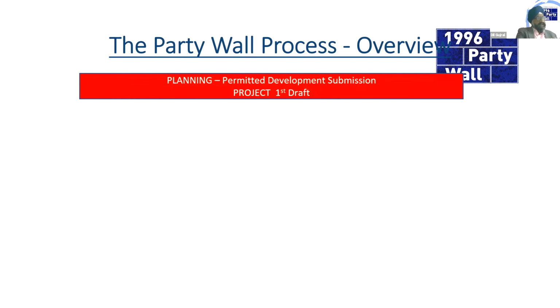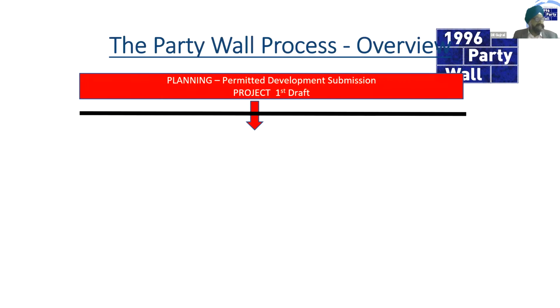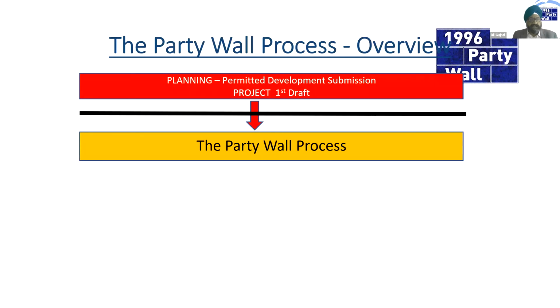So while you're planning your project, ideally when you've got your first draft ready, and particularly when you're going to do permitted development schemes such as loft, rear extension, it's always a good idea to start the party wall process, which starts from a notice. It actually works better where you're doing permitted development schemes to send the notice to your neighbors just before you put the application in.